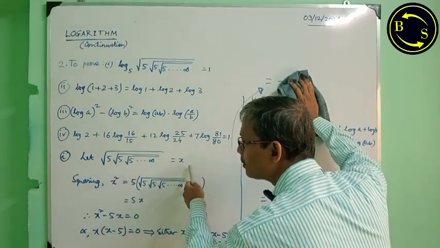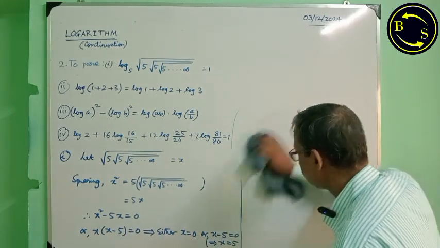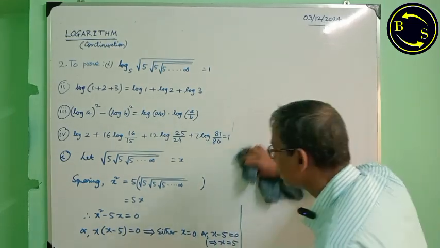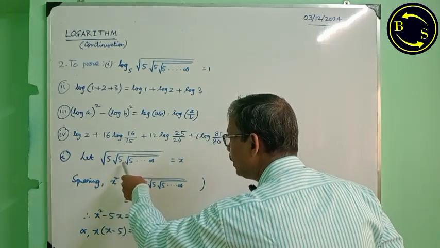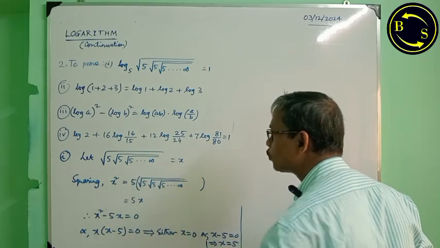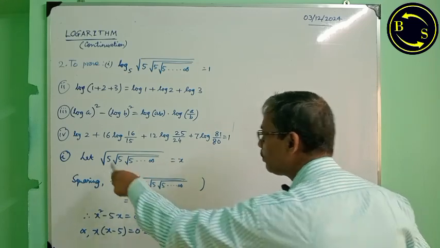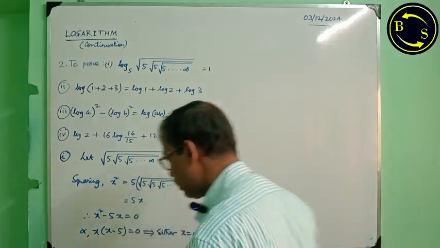Therefore, x is never 0. Follow that: square root of 5 into again square root 5 into again square root 5 up to infinity. Therefore, square root of a positive number can never be 0.